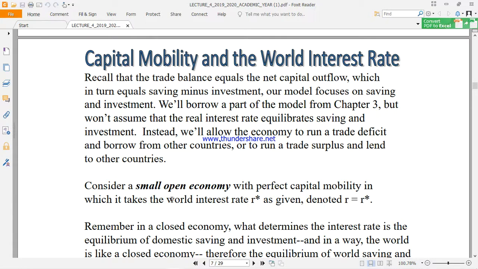Remember last time, we said that between the demand for loanable funds and the rate of interest there exists a negative relationship. But now, we are not looking at the domestic rate of interest. We are now looking at the world rate of interest, because we've opened our economy.